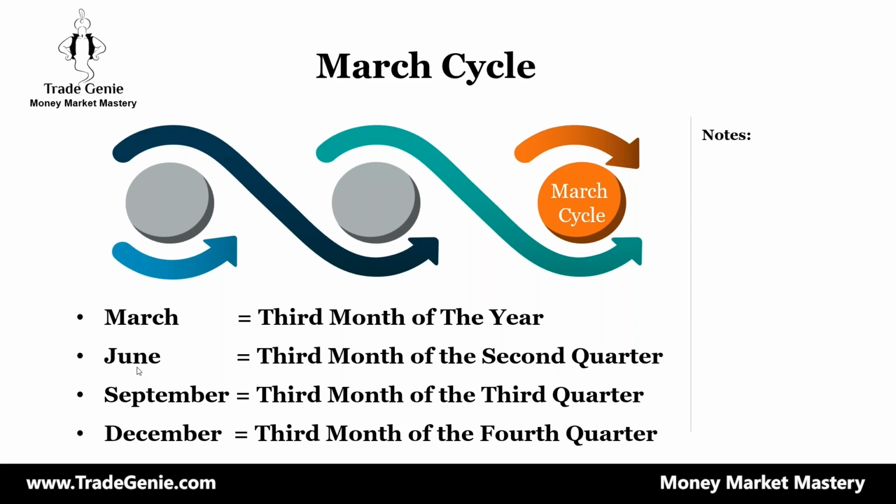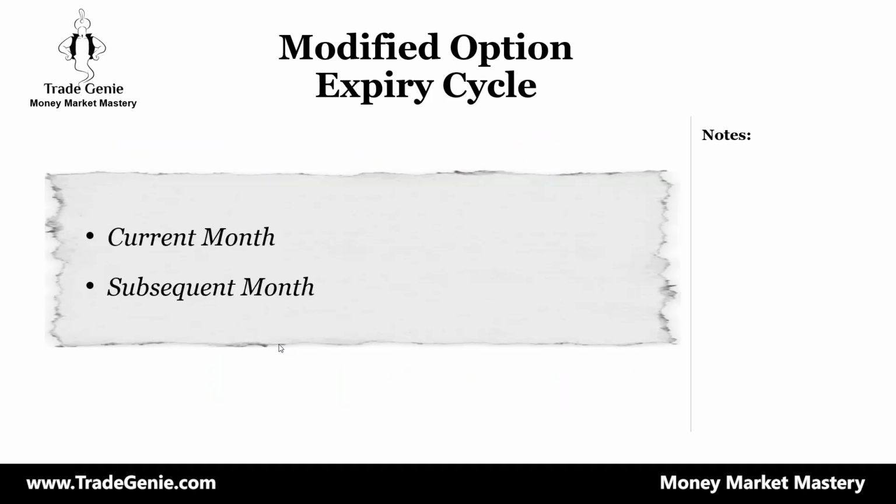So March cycle means March, June, September, and December will be listed. There are some additional months listed also. So that cycle is there, and then there's something called the modified option expiry cycle.